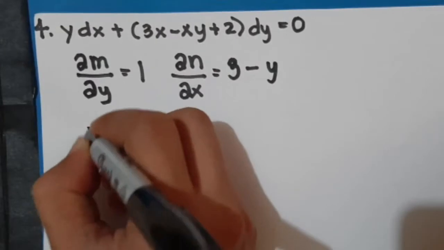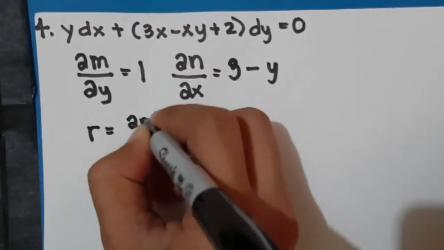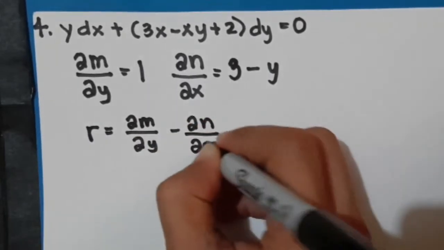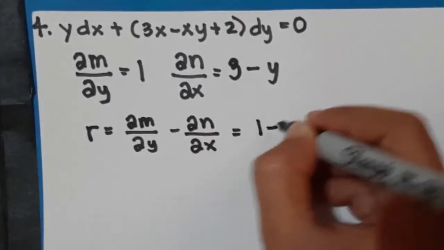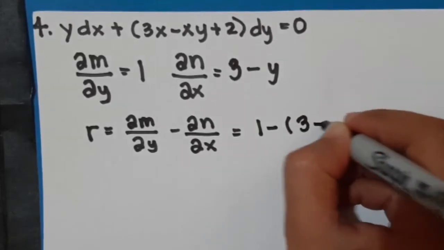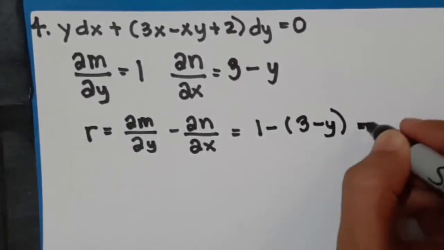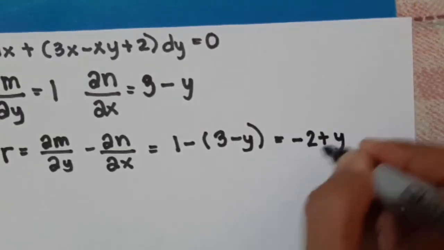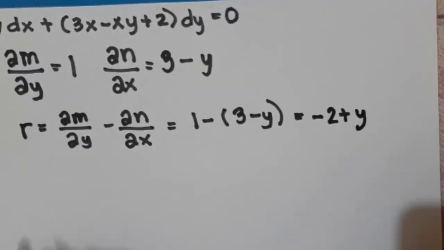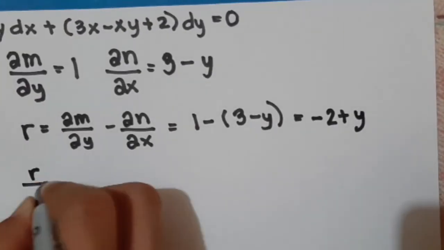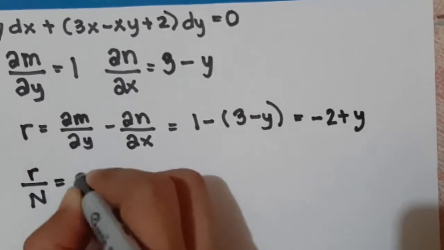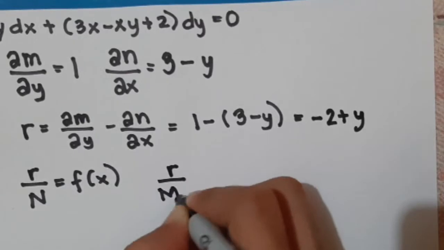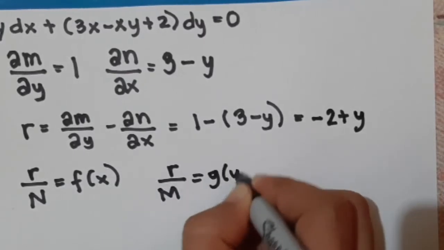So, we get the difference of My minus Nx, and that is equivalent to 1 minus (3 minus y), or negative 2 plus y. Again, we check if our R can be divided by N, that will result in a function of x alone, or if our R divided by M will result in a function of y alone.